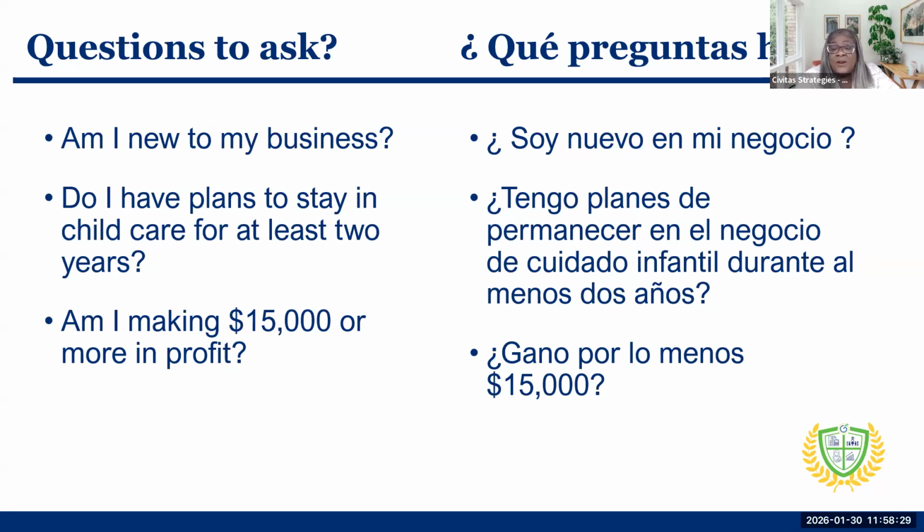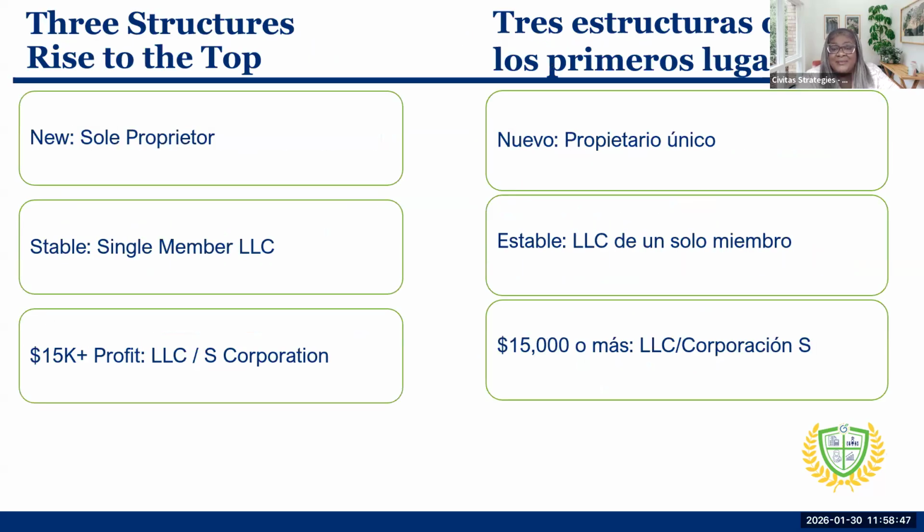That is where we are. It's about $15,000, $20,000. If you're profiting that, then you may want to consider looking into an S corporation or an LLC that is being treated as an S corporation. When I say treated, I mean taxed.